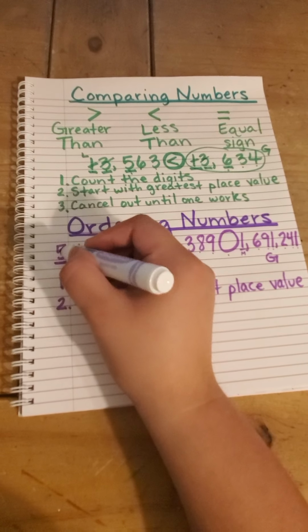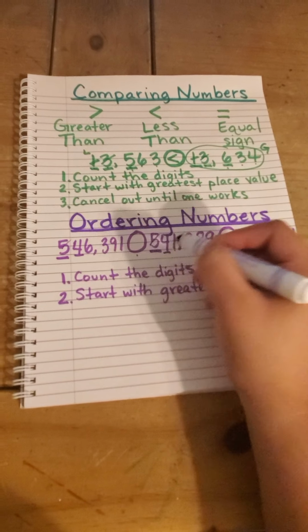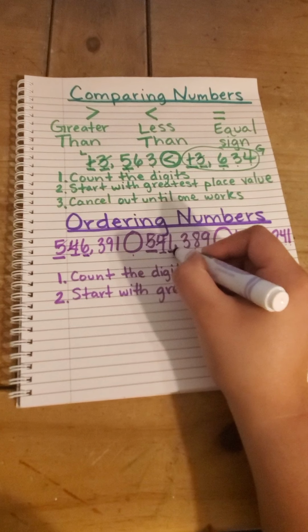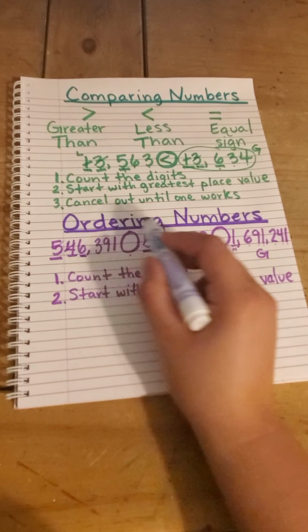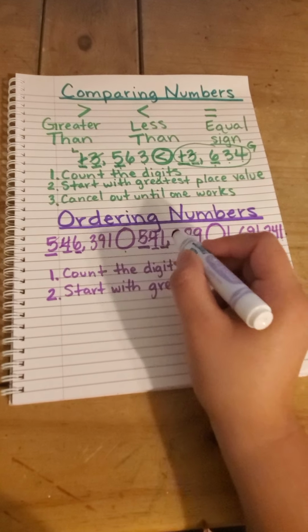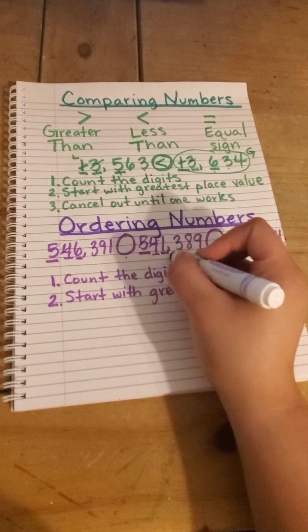That's a 5. That's a 5. That didn't help. 4, 4. That's the same. That doesn't help. 6, 1. Right there, I can see that the 6 is greater than the 1. That makes this whole number greater than this one. So this one I know is the least.